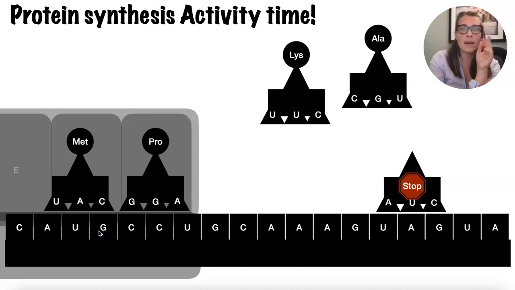And then it reads the next one, it goes to the next level, and is going to say, okay, next free codon is this one, CCU. So I need a tRNA that has an anticodon that is GGA, which means it's going to have the pro amino acid attached to it. The next step is that bonding, right? The covalent bonding between the two amino acids.